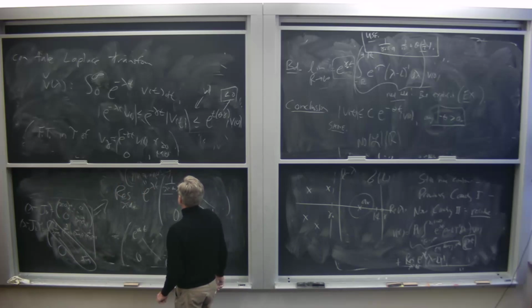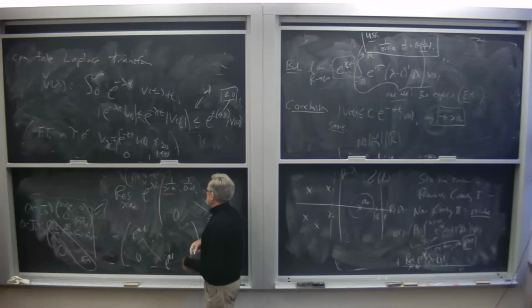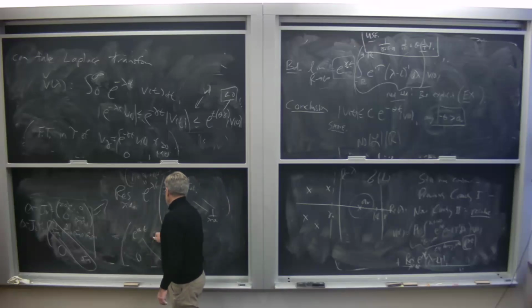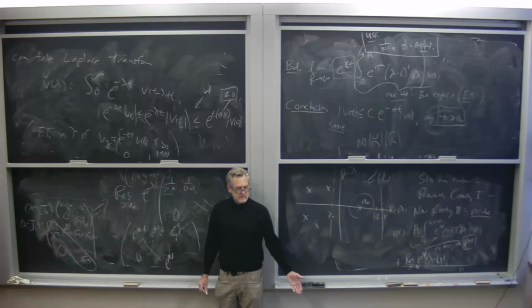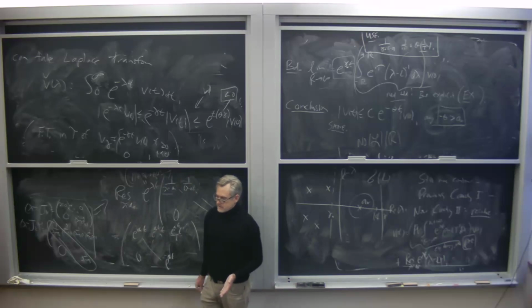And I want to pull down the derivatives. So I'll get e to the a star t times t, e to the a star t times t squared over 2, and so on. I get exactly the exponential that I did using Jordan form.